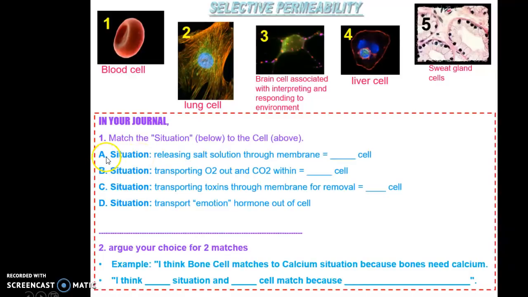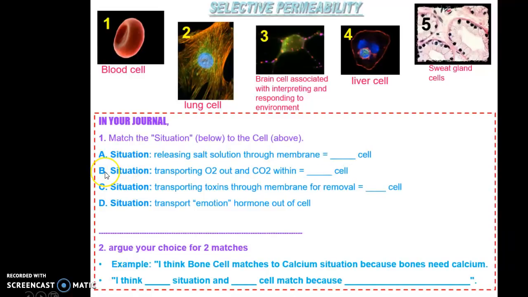So in my notebook, I would write A and the situation, releasing salt solution through a membrane. So salty water is being released through a membrane. Now, what's salty that your body releases? Well, it's sweat. So in situation A, I would write situation, releasing salt solution through a membrane equals sweat gland cells. And that's cell number 5 here, sweat gland cells. And I would write sweat gland cells in this blank.